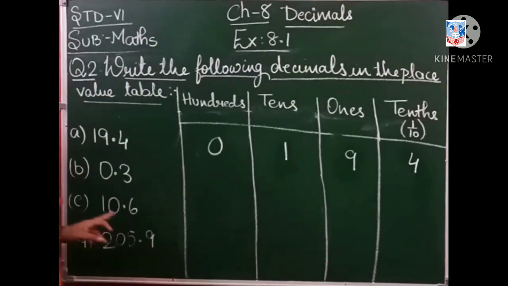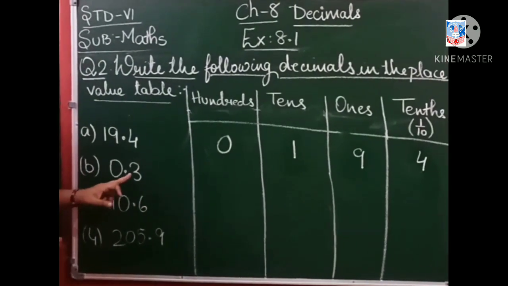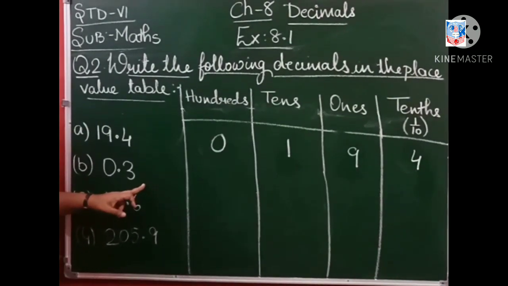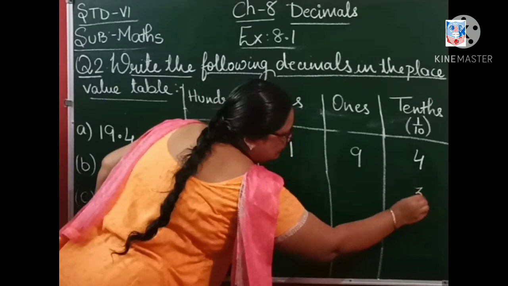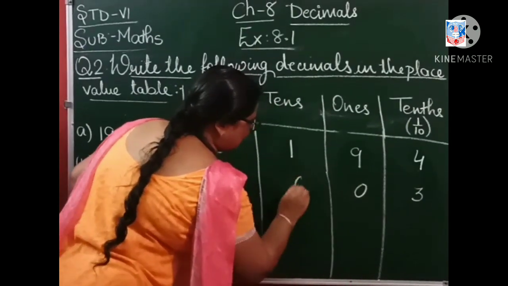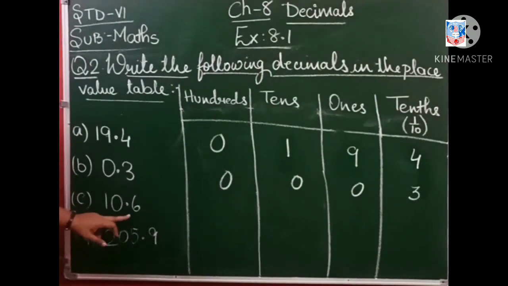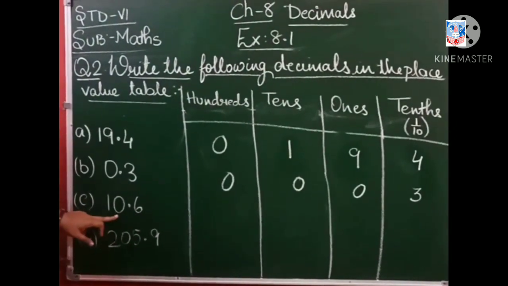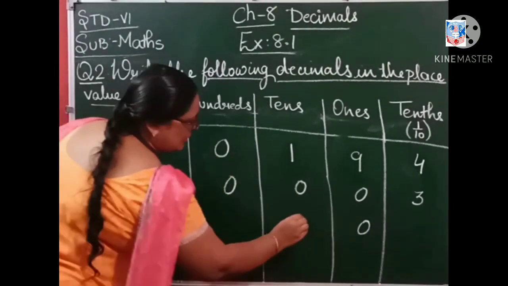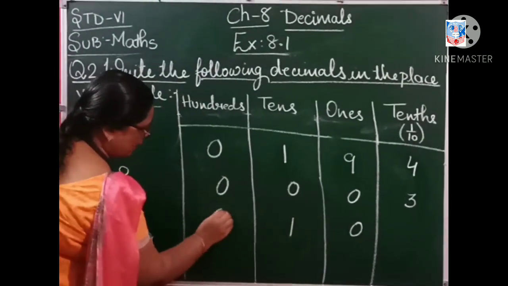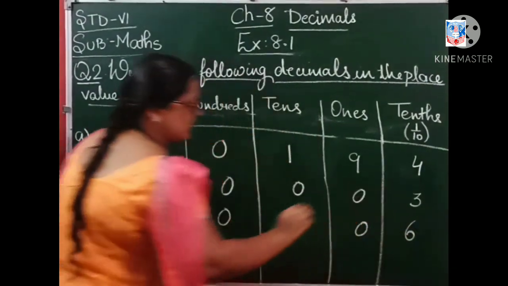tenths. Second is 0.3. After the decimal point, 3 tenths. And here all is 0. So 3 tenths, 0, 0, 0. Next is 10.6. 0 ones, 1 tens, 0 hundreds and 6 tenths.